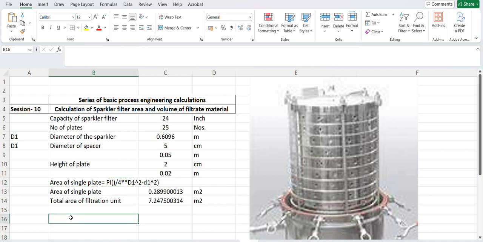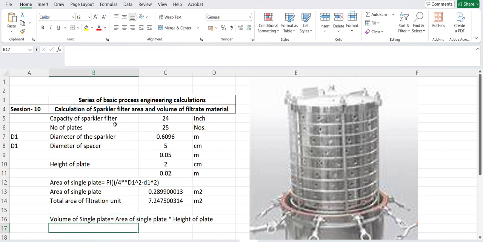Then we have to calculate the volume of a single plate. I'll first note down the formula here: area of single plate into the height of plate.